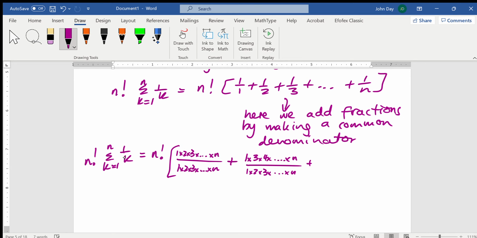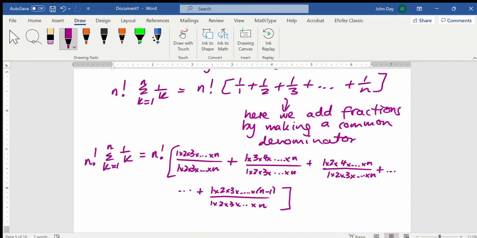And then the next one would be 1 times 2 times, and we miss the 3, and we go all the way up to n, on 1 times 2 times 3, all the way up to n. And we do this all the way through, so plus dot dot dot, all the way through until we get to 1 times 2 times 3 times all the way up to n minus 1, on 1 times 2 times 3 times all the way up to n.